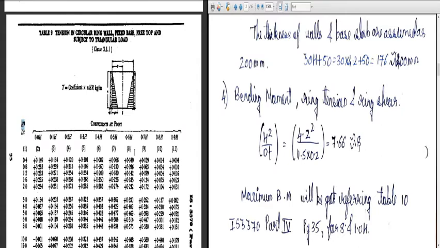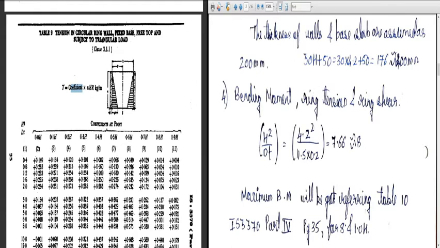So we refer to this table. Working out to be 8 here, you can see this is 8. And we checked it for 0.6H, 0.6 of height, which is plus 0.575. So the coefficient is plus 0.575. This value is substituted in the coefficient, and omega W H into R is computed.